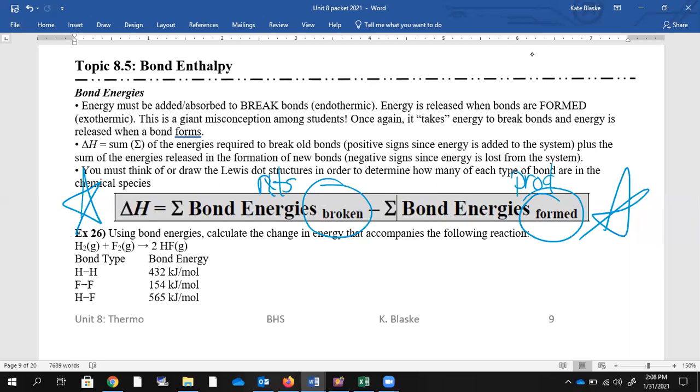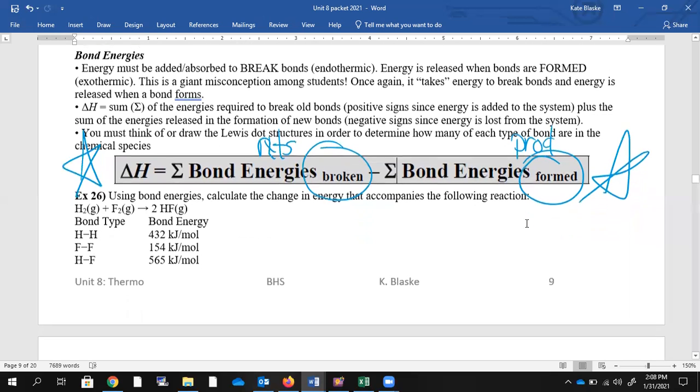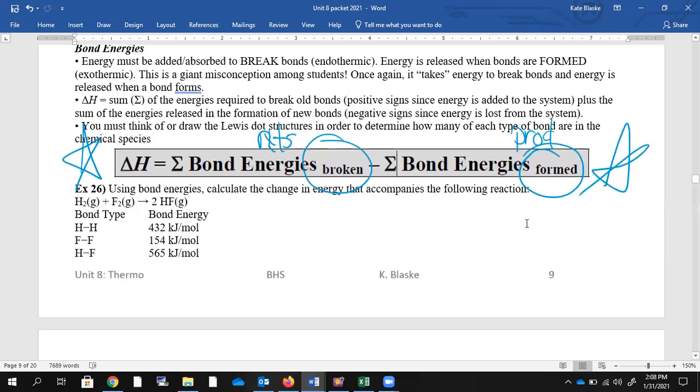If we take a look at example number 26, a fairly simple, straightforward equation: hydrogen plus fluorine makes HF. Let's think about what bonds we have in all of these molecules. H2 is an H bonded to another H. F2 is a fluorine bonded to another fluorine.